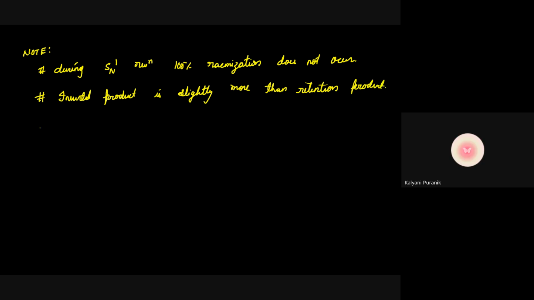Could you go back to the previous one? One second, I will complete this statement and then I'll go back. Okay, fine. Then if they ask in which case racemization happens to the maximum extent, racemization is directly proportional to carbocation stability.